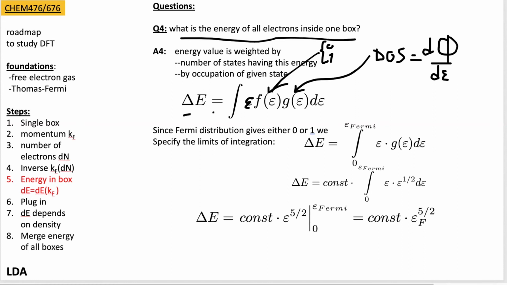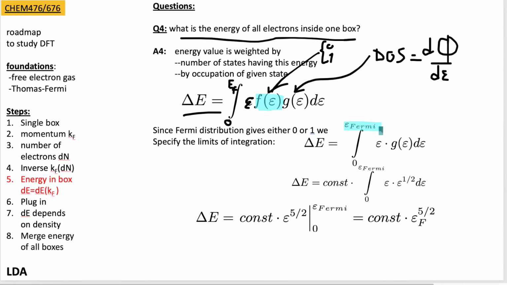And if I integrate, it will be the total energy. So here is a little mathematical exercise. I do not like this Fermi distribution, and maybe you do not like it as well. So instead of looking at this complicated equation, instead of integrating to infinity, I am going to integrate only until the Fermi energy, right?